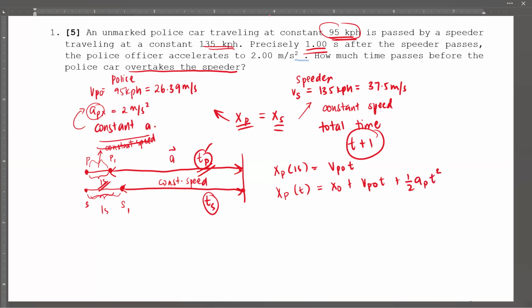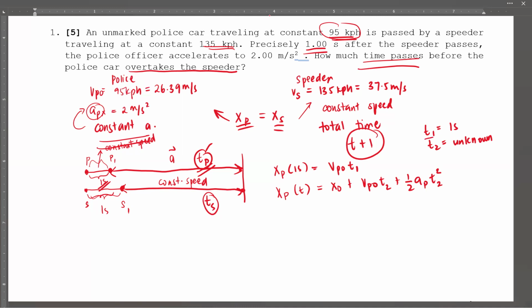Now, I just want to clarify, ito pangalanan ko lang t1, ito pangalanan kong t2. Yung t1 ang kino-correspond niyan ay yung 1 second natin, and then yung t2, ito yung unknown time. Ang alam natin, yung total ng oras is t plus 1, pero we don't want to get t plus 1. What we want to get is yung t lang, how much time passes.